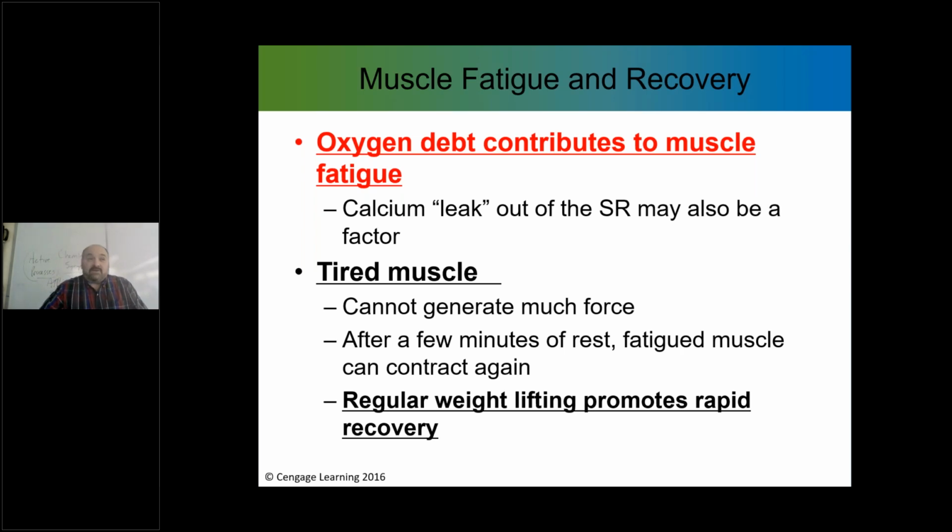Via training as well as genetics, they don't fatigue like you and I would. Regular weightlifting and training promotes rapid recovery, and that's also a key issue. So proper training.